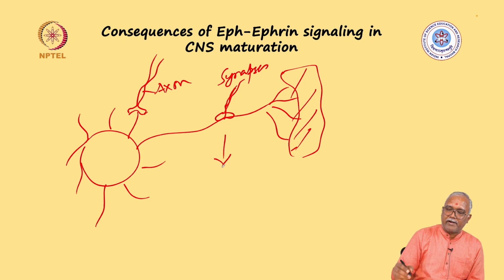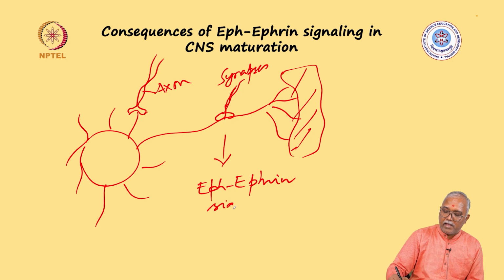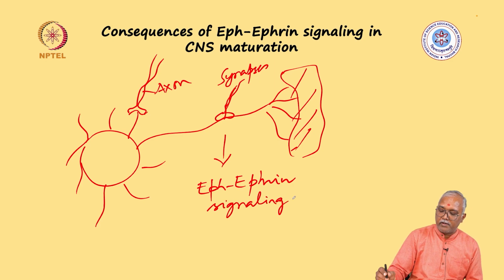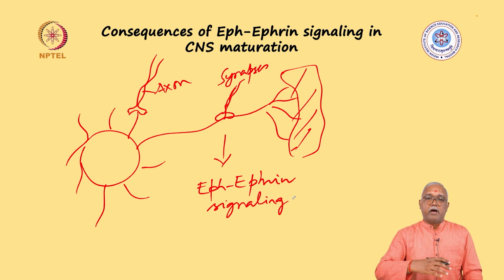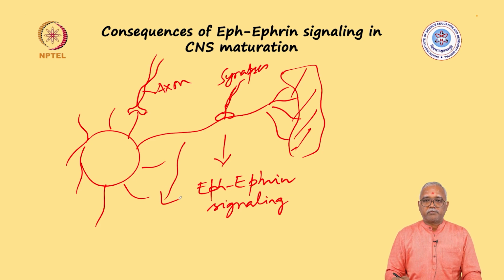All different aspects of axon formation, growth cone formation, its maturation, contact formation, synapse formation are regulated by Eph-Ephrin signaling. And we are talking about events happening during early development or pre-birth time, as well as post-birth when an organism is developing more synapses and making more contacts; you will have Eph-Ephrin signaling working there.